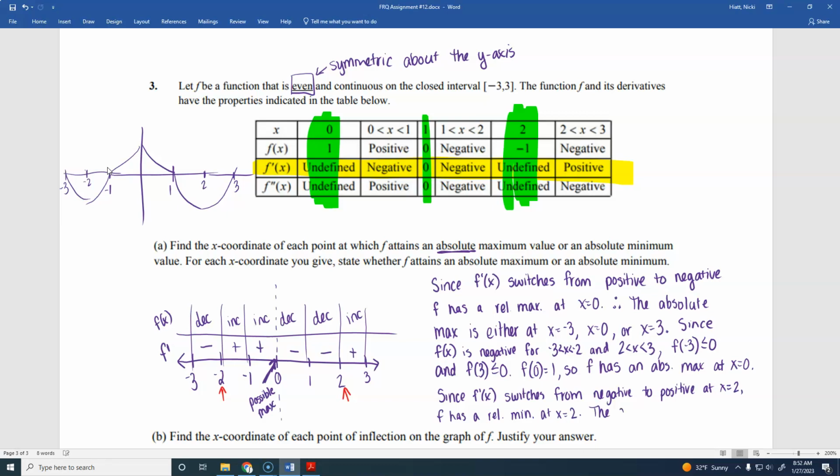I should say x equals 2 and x equals -2. The absolute minimum is at x equals -3, x equals -2, sorry, I'm running out of room, x equals 2 or x equals 3.